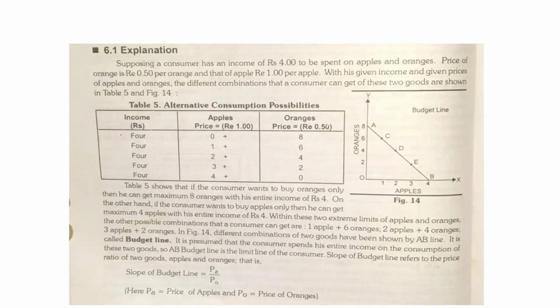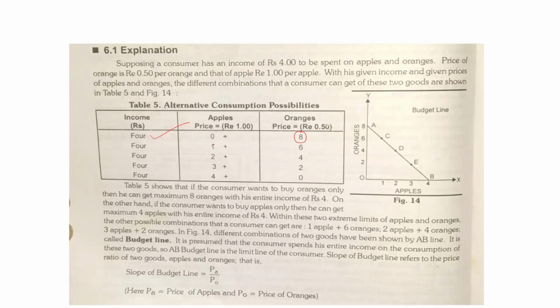So income is constant, this is 4. Then prices are given, 1 and 0.5: 1 for apple and 0.5 for oranges. It's possible that you consume apples not at all, and consume oranges only. Then you can purchase 8 oranges with 4 rupees.